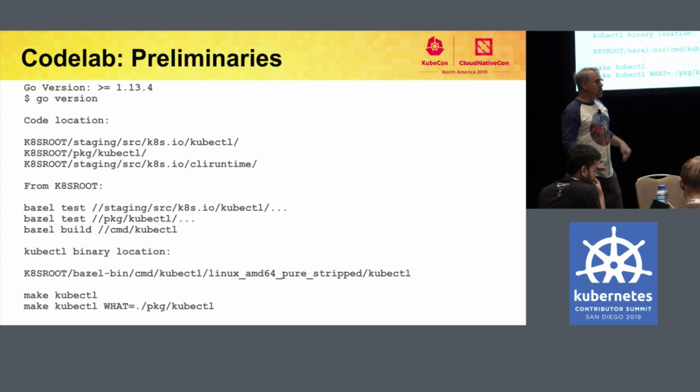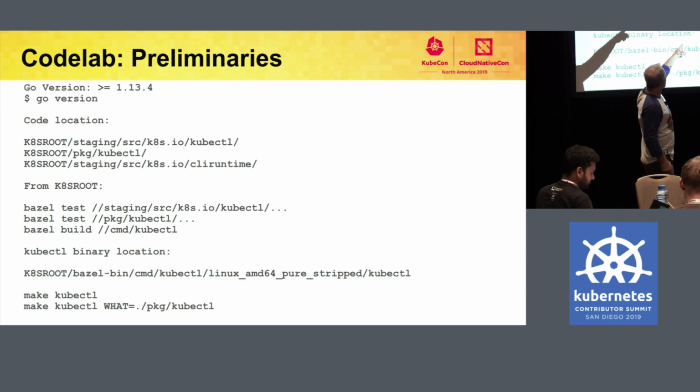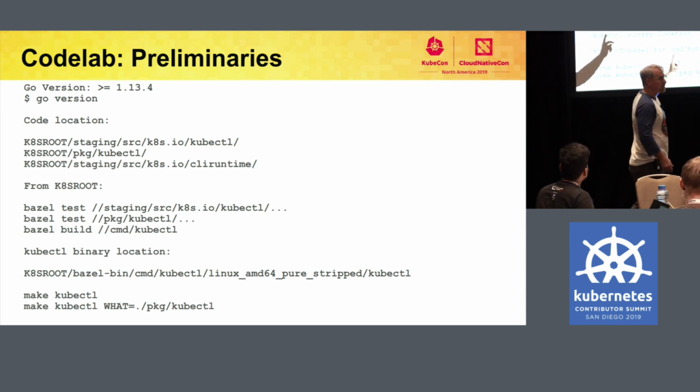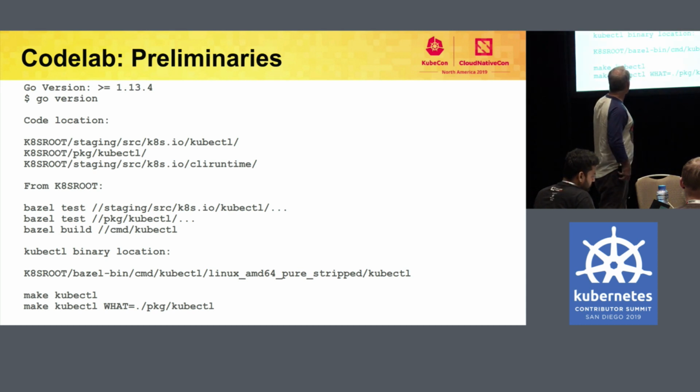And we actually reuse a lot of the code that's under staging CLI-runtime. A lot of the code that is reused into plugins has been refactored into CLI-runtime. So the resource builder, the resource helper, I keep mentioning these. We'll dig into them shortly. Some of the common print flags and print options and printers, those are all under CLI-runtime.